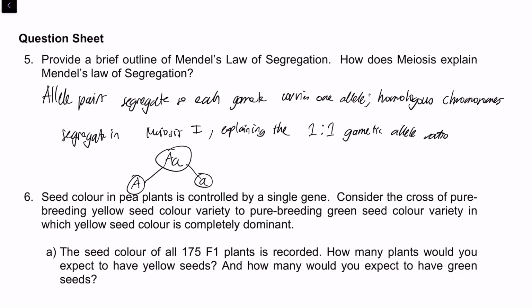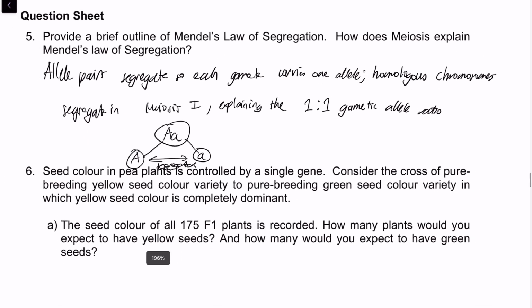So they basically segregated from each other. Okay? And it basically derives from the fact that during meiosis, alleles, which is one from our biological mother and one from our biological father, separate into different gametes. Okay?